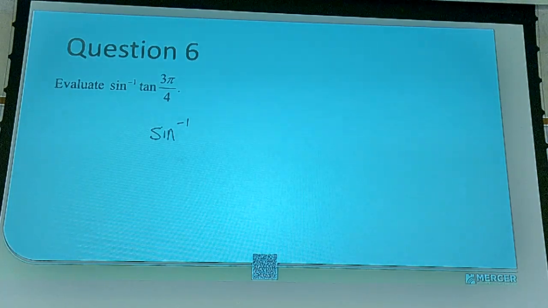That's just y over x. All right, 3 pi over 4 is 135 degrees. And then the coordinates for that are the negative square root of 2/2, comma, square root of 2/2. So what's the tangent? -1.